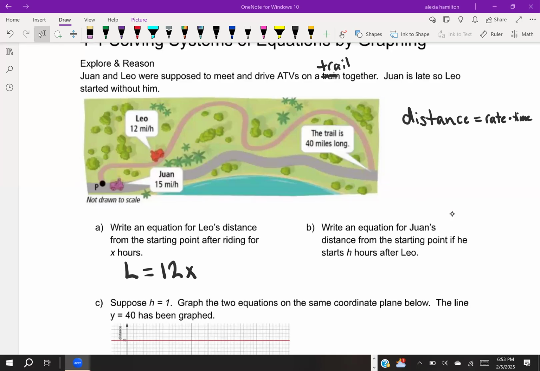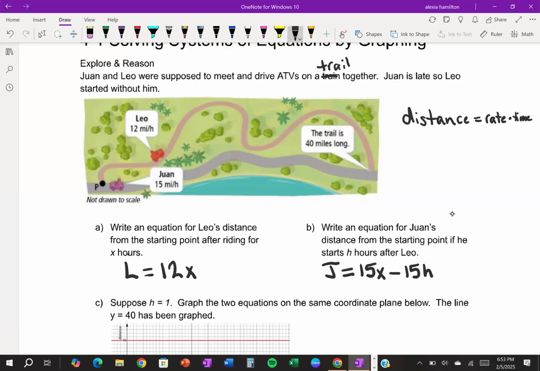All right, so for Juan's distance, if Juan was starting at the same time as Leo, then we would say that Juan's distance would be equal to 15x because they started at the same time. However, he started h hours after Leo, so we have to subtract the distance that he's behind. This distance is our 15h because he's h hours behind. It was h hours after Leo left that Juan took off.